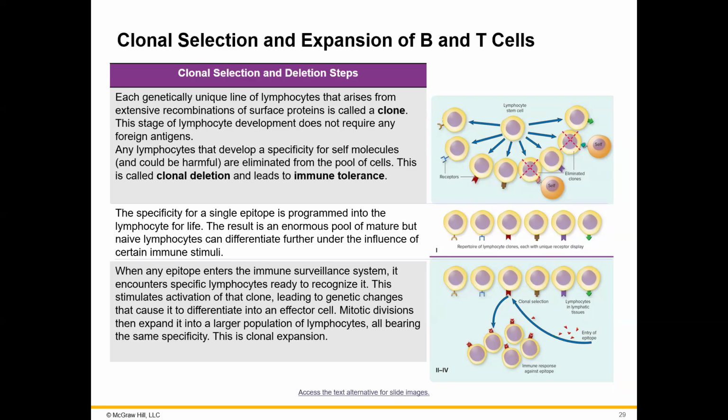That will stimulate activation of that clone, leading to genetic changes, and those will make it differentiate further into an effector cell. Mitotic division, which is basic cell division in any eukaryotic cell, will then expand it into a larger population of lymphocytes. All of them will have the same specificity, and that's called clonal expansion.